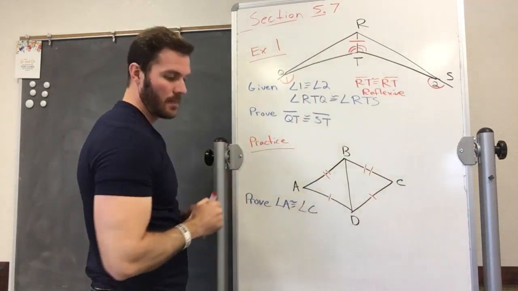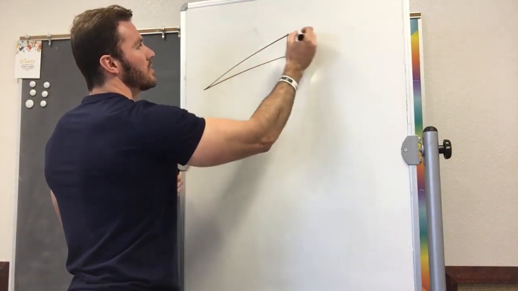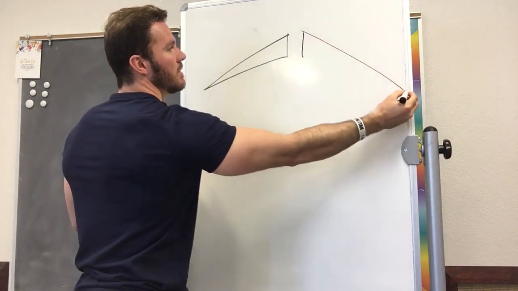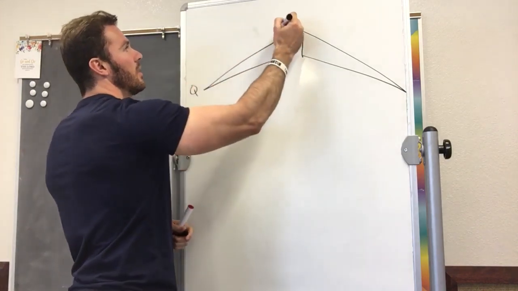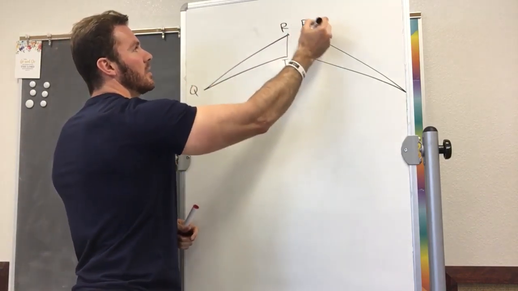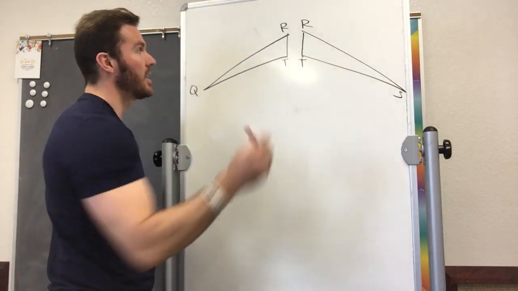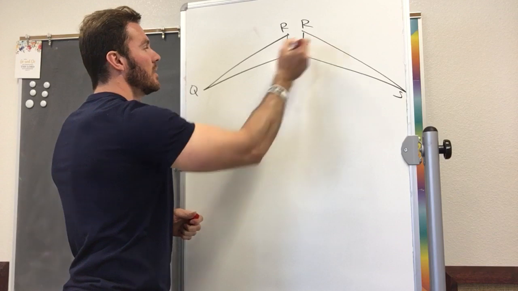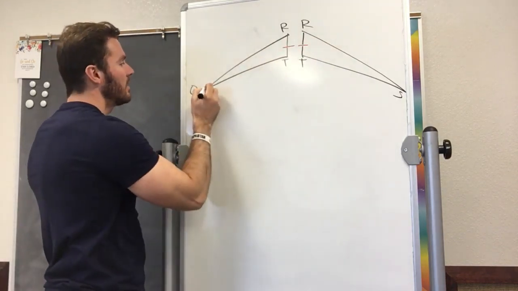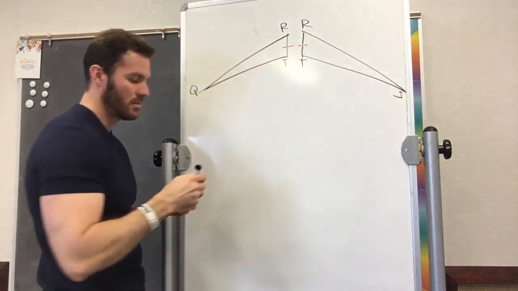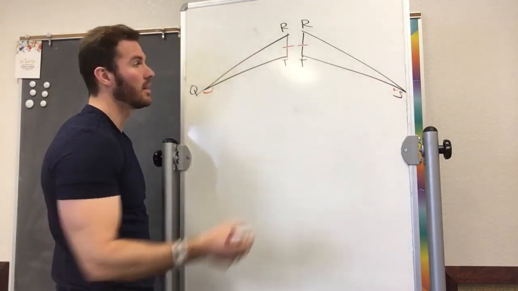Let me show you really quick. If I were to split that design apart into two different triangles, okay, and we have Q, R, T, R, S, T, and I said that these are congruent, and this outside angle, cut it off over there, these are congruent, right?